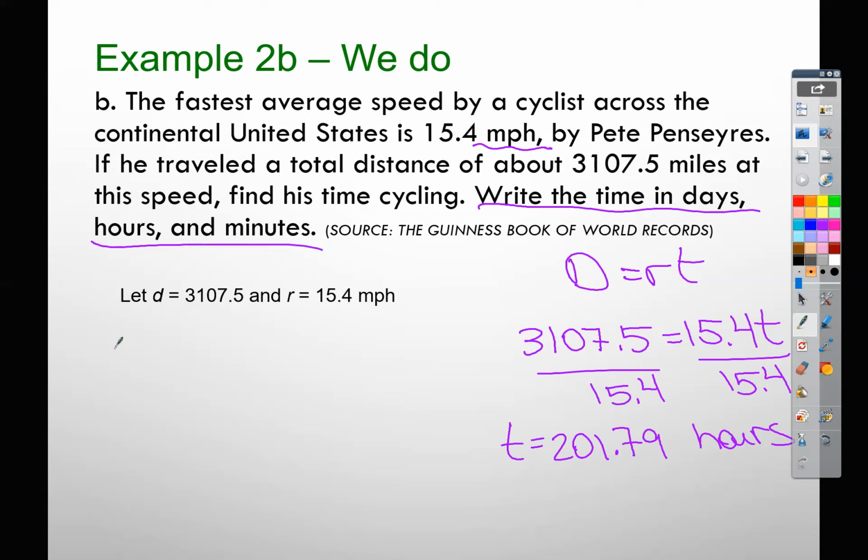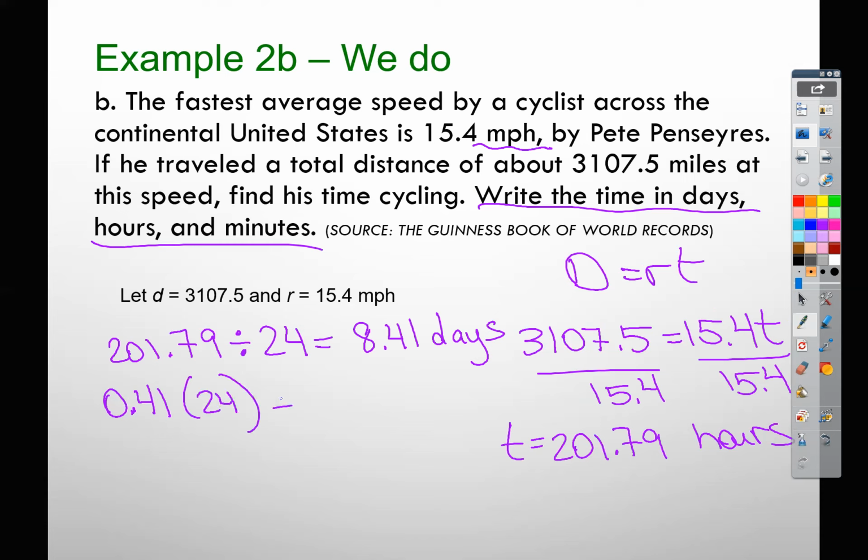Well, how many hours are there in a day? 24. Hopefully you know that. So that would be 8.41 days. If I just want it in days, that would be good, but they want it in hours and minutes. So you take the 0.41 off of that 8.41, and multiply by 24, and you get 9.84 hours.